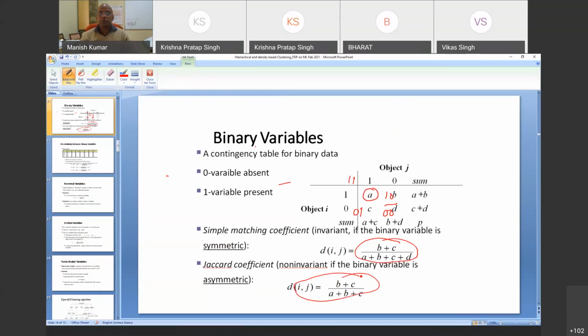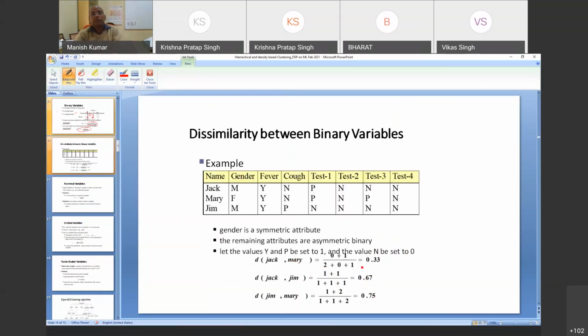Then how can you detect a, b, c, d in the data set? Suppose, for example, I give you this example where there are 3 patients: Jack, Mary and Jim. These are the attributes.